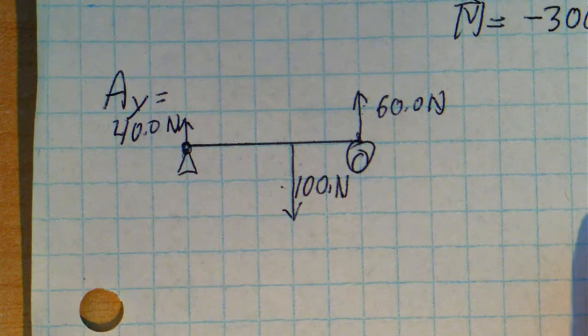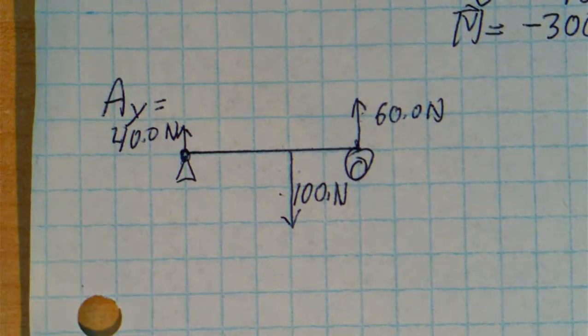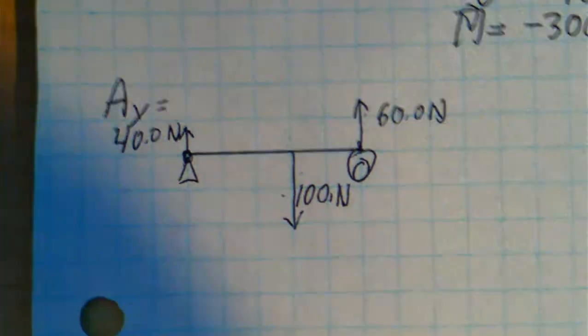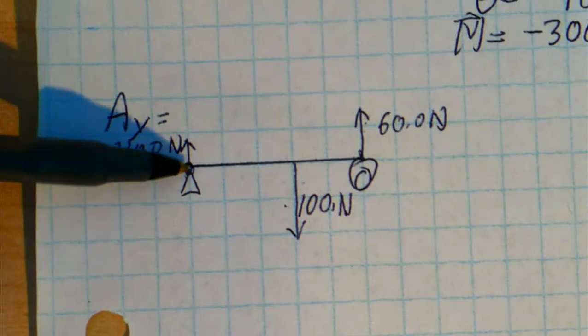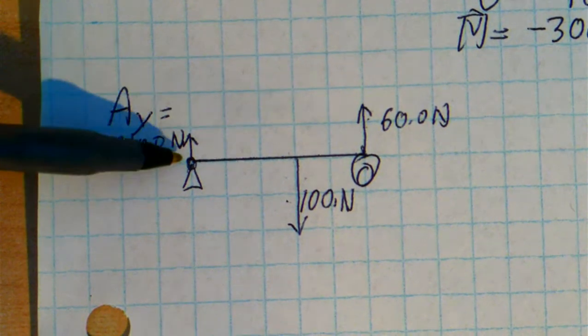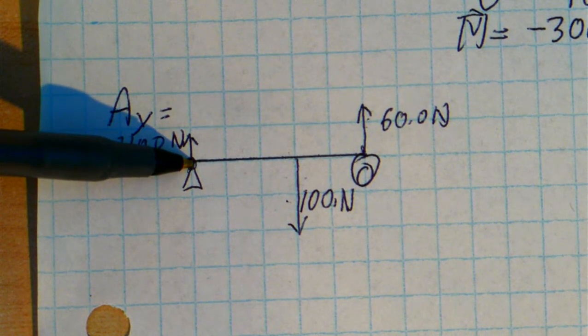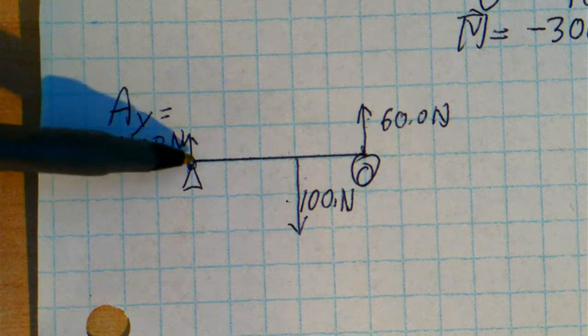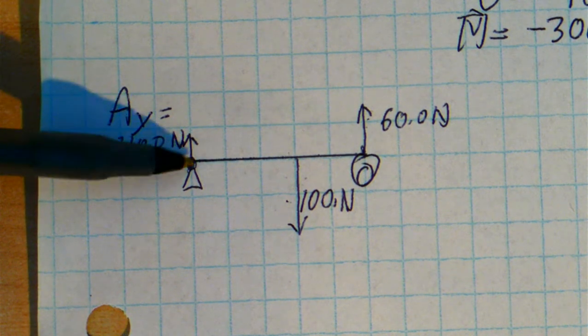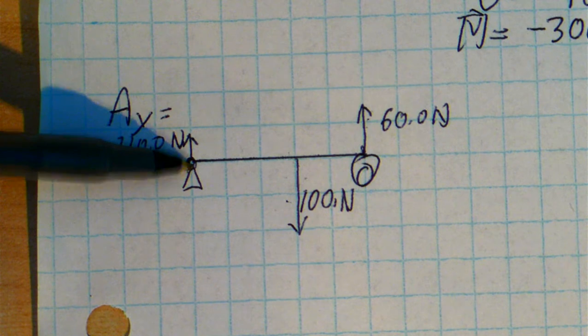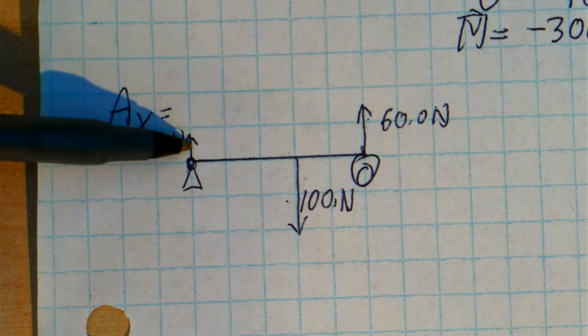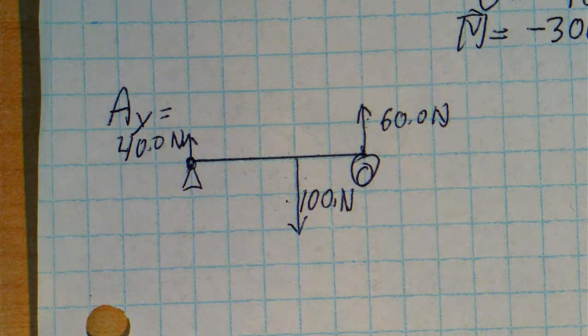By the way, in case you've forgotten, because I chose this pivot point to be my axis of rotation, the distance from the axis of rotation to this 40 Newton force is 0 meters.